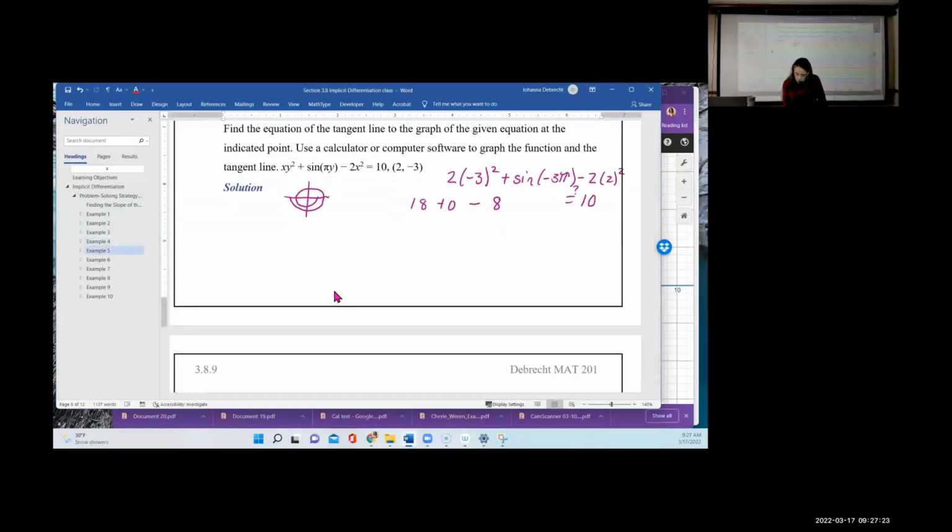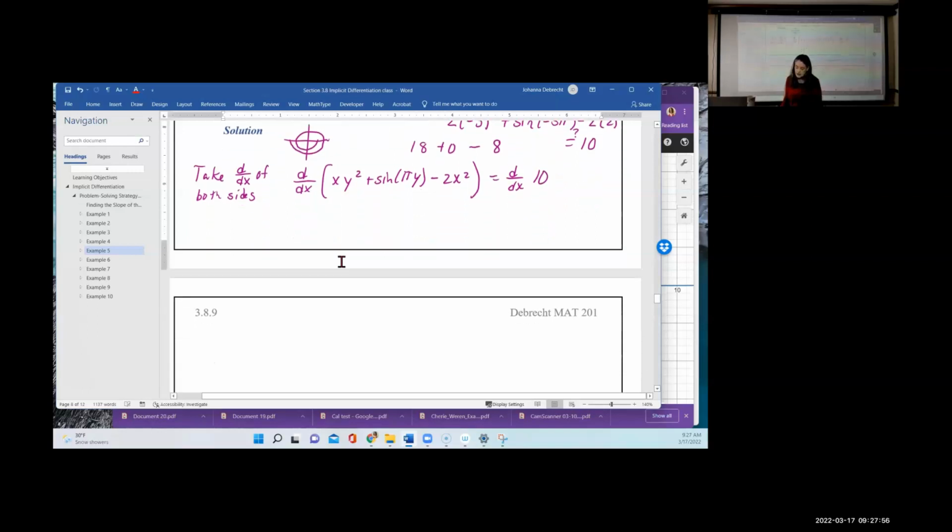The first thing we're going to do is take the derivative of both sides of the equation with respect to x. So we take the derivative with respect to x of the left side, xy squared plus sine of pi y. Remember, pi is a constant, not a variable, minus 2x squared equals the derivative with respect to x of 10.